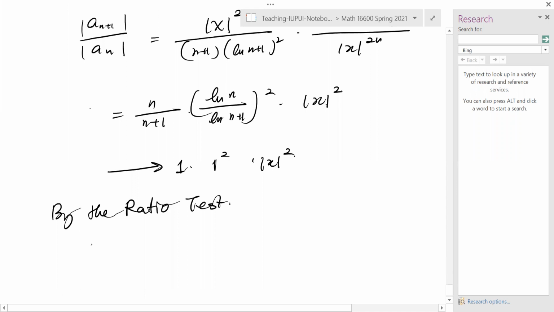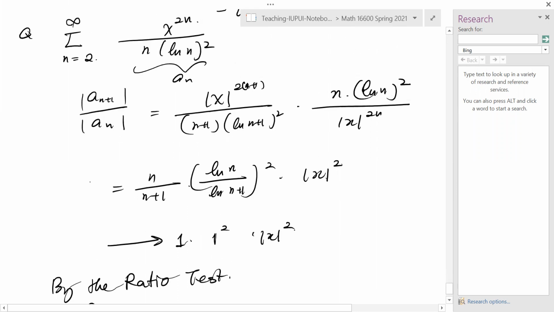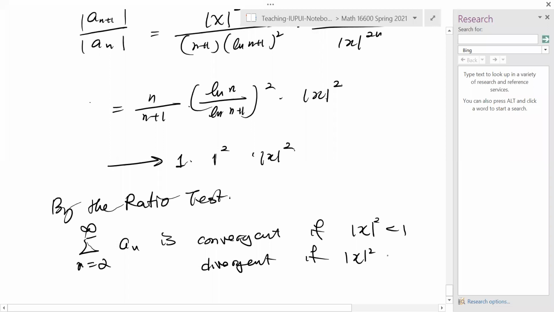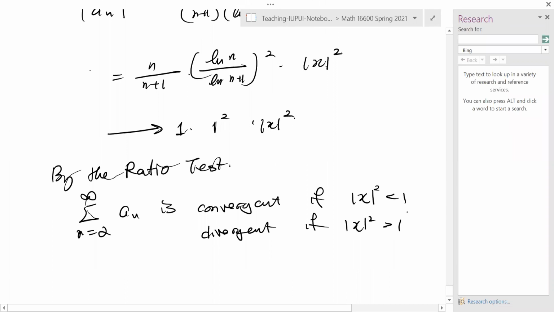So by the ratio test, this series, which starts from 2, is convergent if absolute x squared is less than 1, and divergent if absolute x squared is greater than 1. Absolute x squared less than 1 is the same as absolute x less than 1. So the radius of convergence is R equals 1.